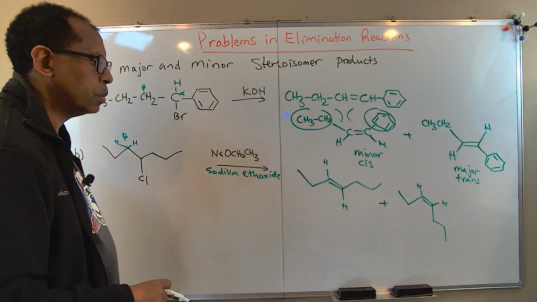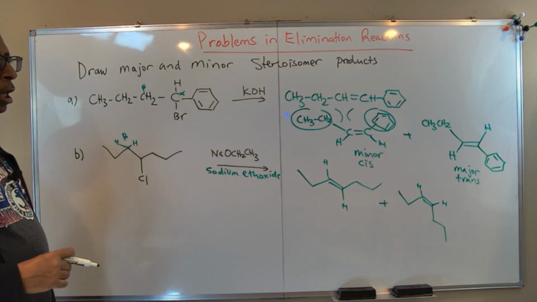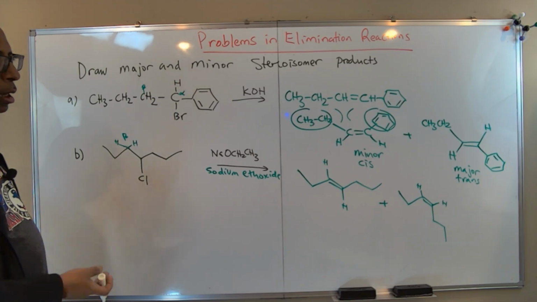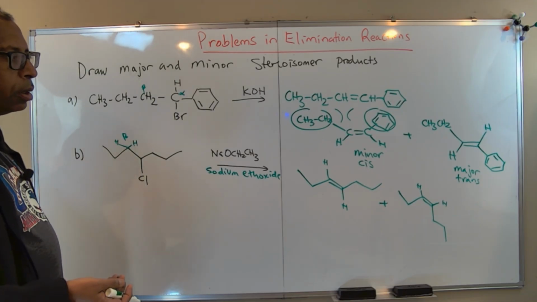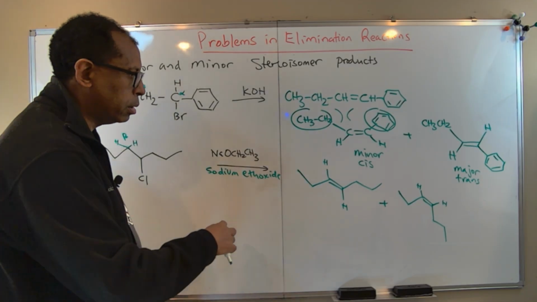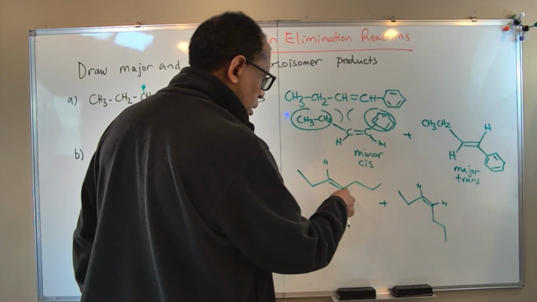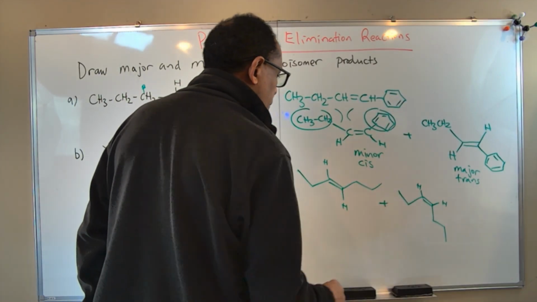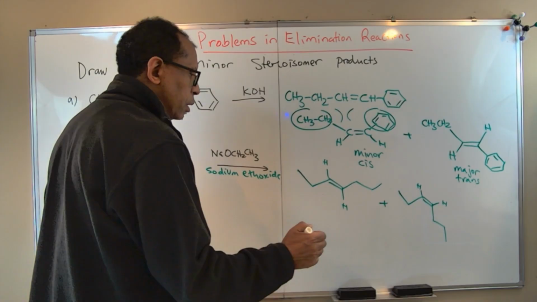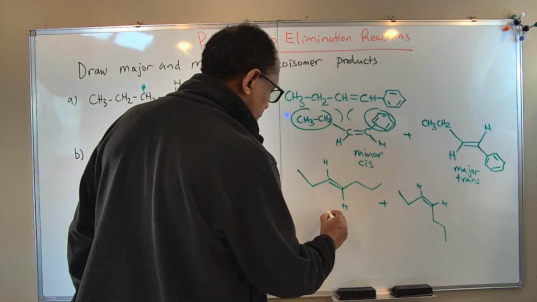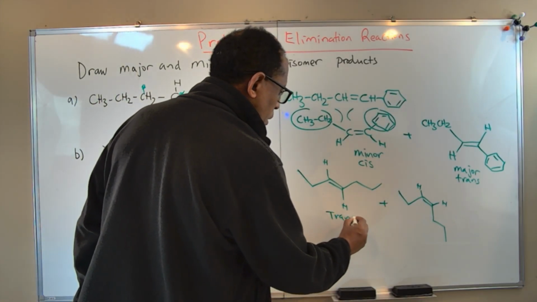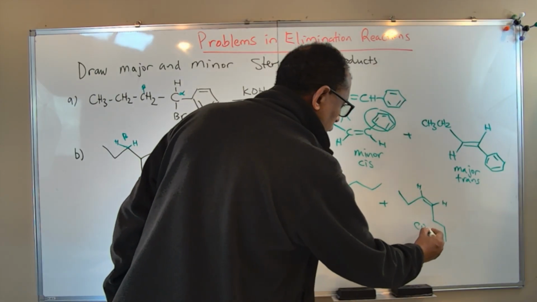Plus. And so if I were to decide between these two, still those are doubly substituted, the same substitution pattern, double alkyl, but here this is a trans, and here this is a cis.